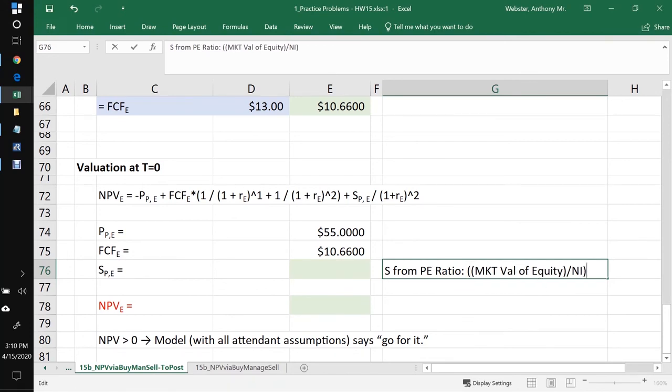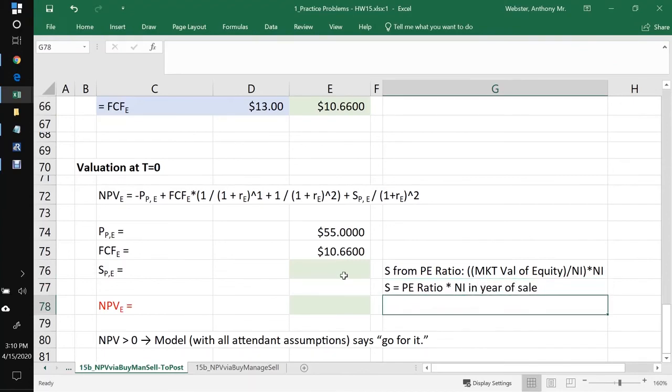And we're just going to multiply that PE ratio by the net income. So let me put this another way: S is equal to PE ratio times net income in year of sale.